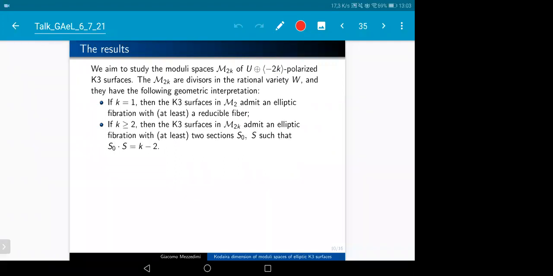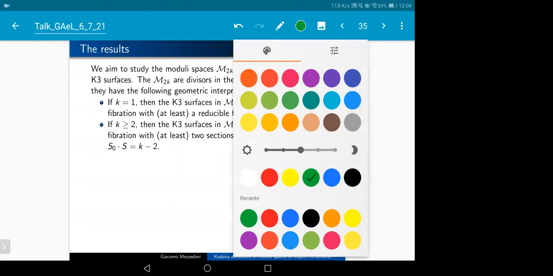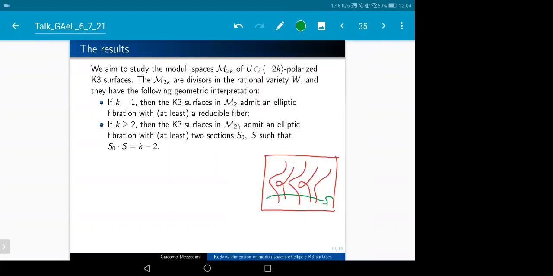In the case K bigger or equal than 2, this new curve class gives rise to a new section of the elliptic fibration. Let me show a very easy picture of what is more or less going on. Again, we have many smooth fibers. We have some nodes. In the very general case, all the fibers are irreducible, but the important thing is that we have the first section, the 0 section, and we have a new section.